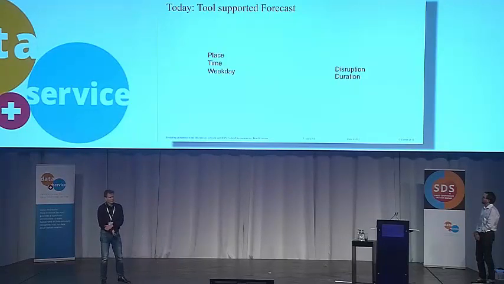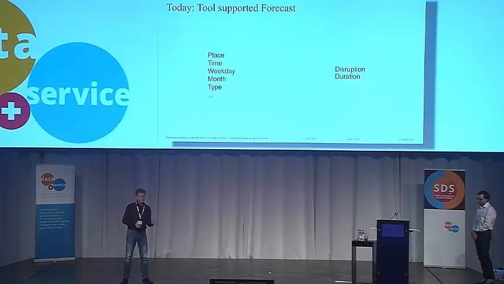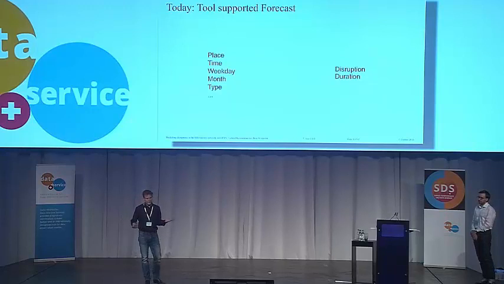Another feature is the month, or more the season: winter or summer have an impact on the disruption time. And also the type of the disruption. And there are a lot of other features. I will explain one more later.